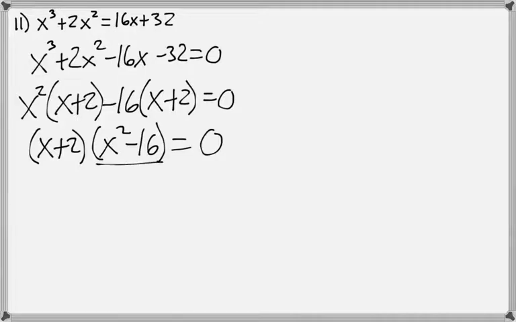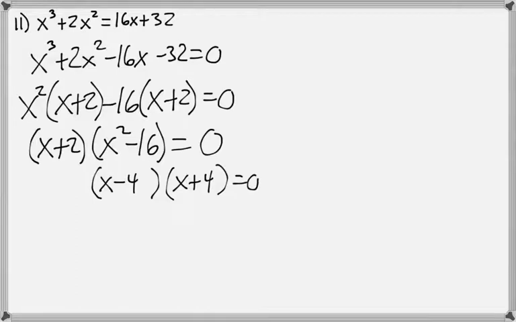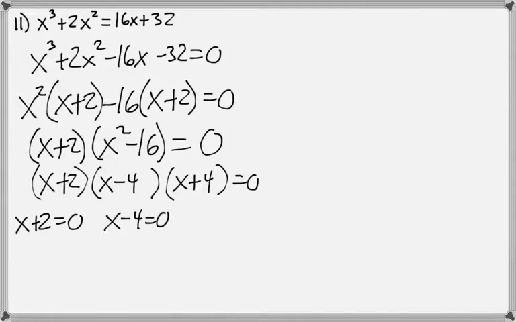Now the x squared minus 16 is a difference of 2 squares. So that can factor further to be x minus 4, x plus 4. And that's as far as we can factor. So now each different factor I'm going to set equal to 0, and then solve.